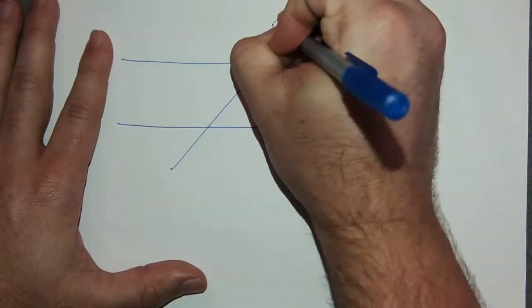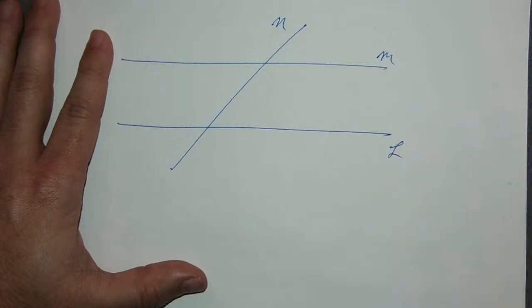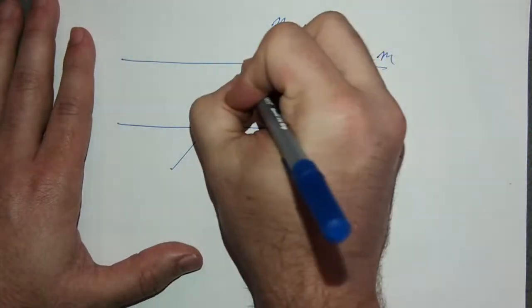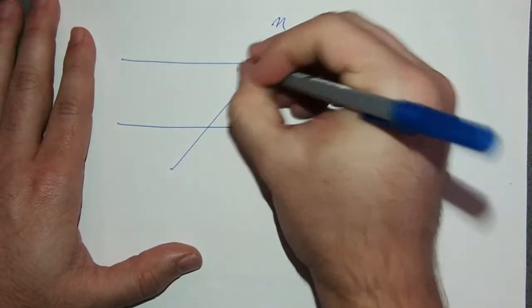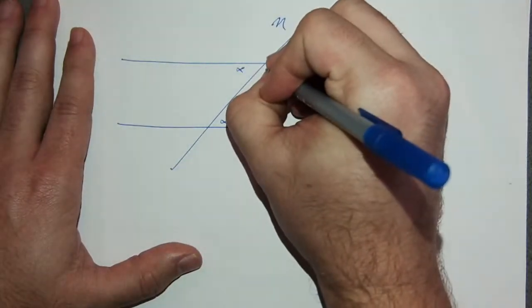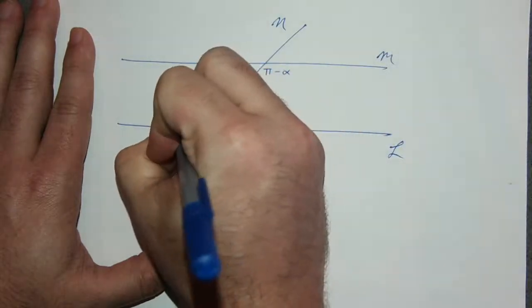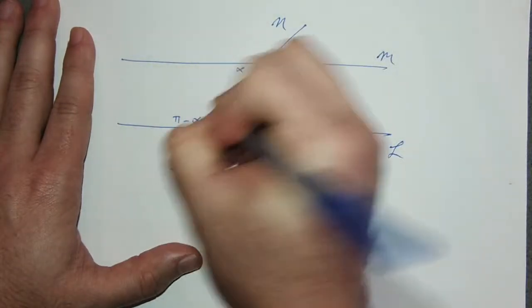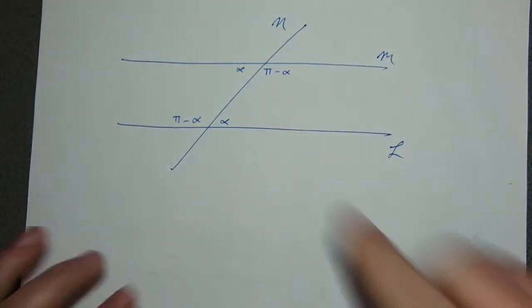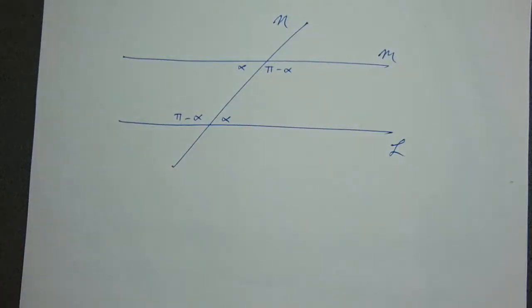So here's my line N, here's M, and here's L. So my picture looks like this. This is alpha. This is alpha. This is pi minus alpha. And this is pi minus alpha. All right, so whatever these angles are, they are pi minus alpha.